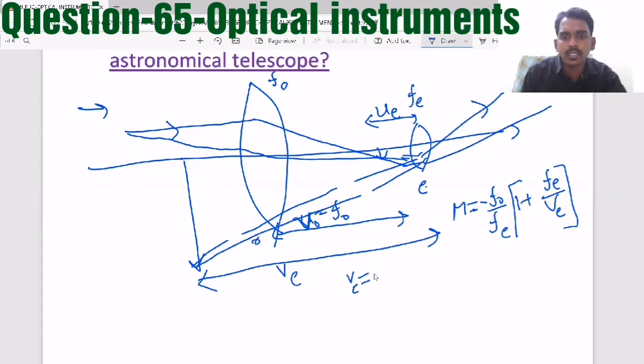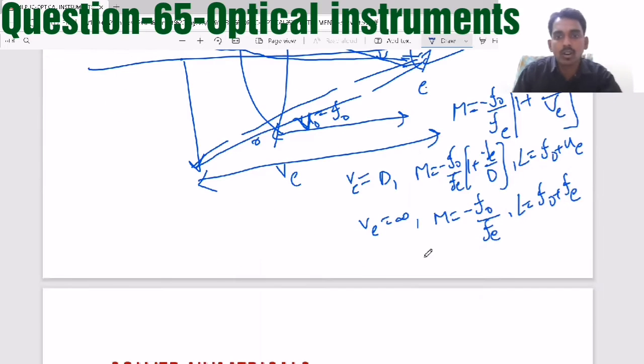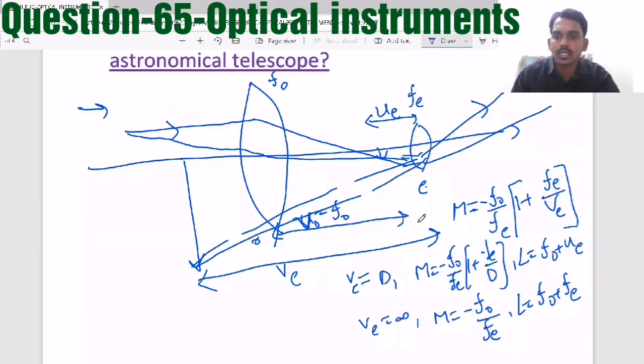So if the final image is at D, then the magnification will become minus f naught by fe into 1 plus fe by d, and the length of the tube is f naught plus ue. And if the final image is at infinity, then the magnification will become minus f naught by fe, where the length will become f naught plus fe, and this is called normal adjustment. So based on these formulas, usually they will ask the question.